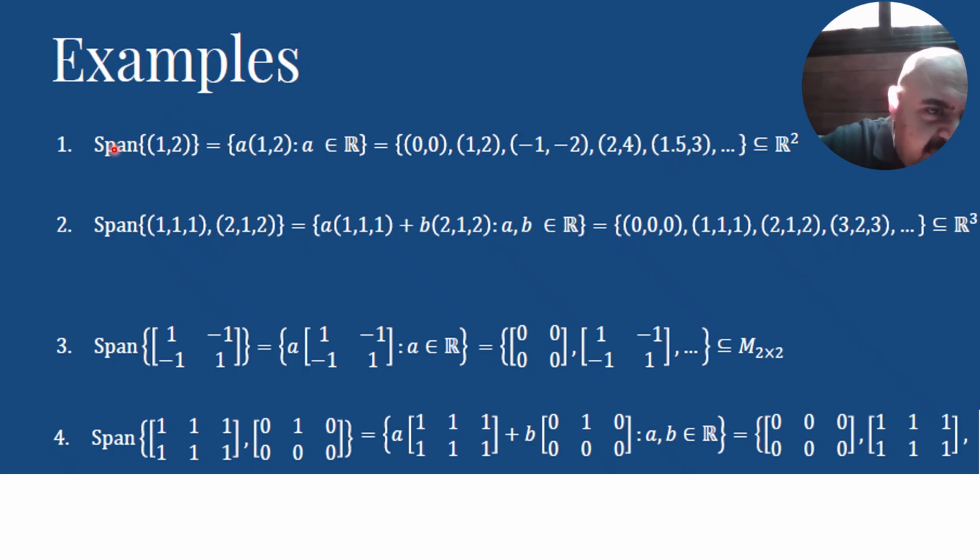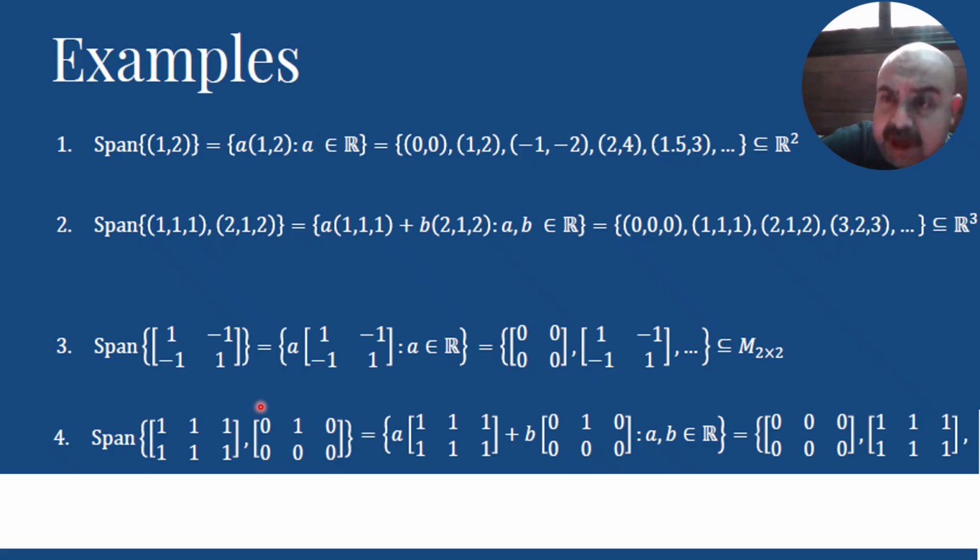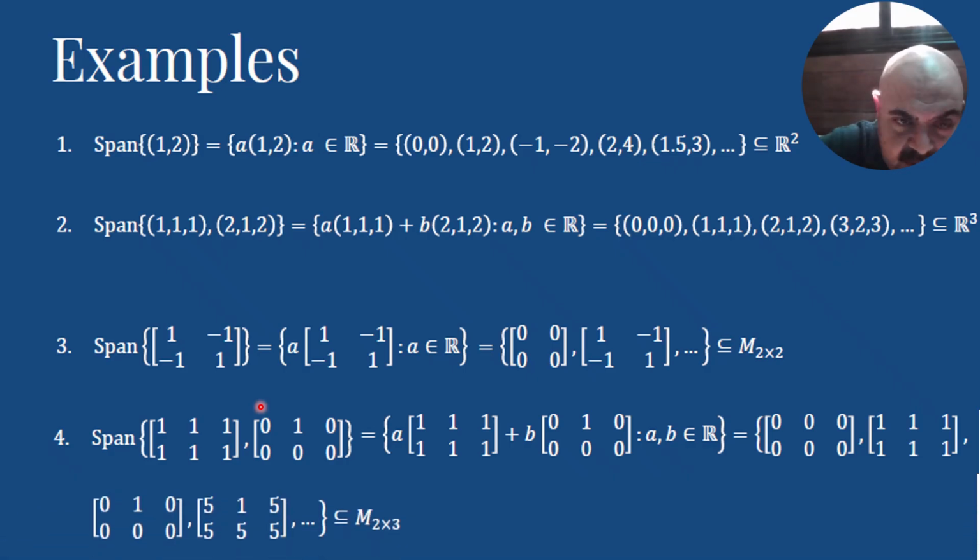So every span of a set is actually a generation of a vector space. And all of these vectors belong either to R2, R3, a set of square matrices with a certain dimension, or a set of diagonal matrices, and so on.